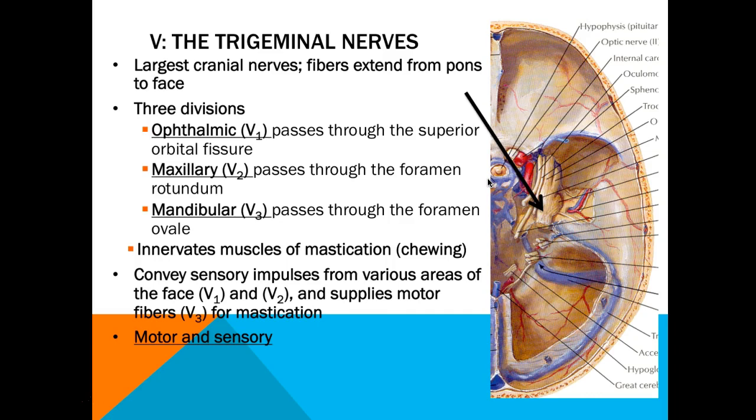Specifically, that would be your masseter muscle. We also have sensory impulses that are coming from areas of the face that are conveyed through V1, V2, and V3, but V3 is going to be the one that has a lot of the motor fibers that innervate those muscles of mastication.